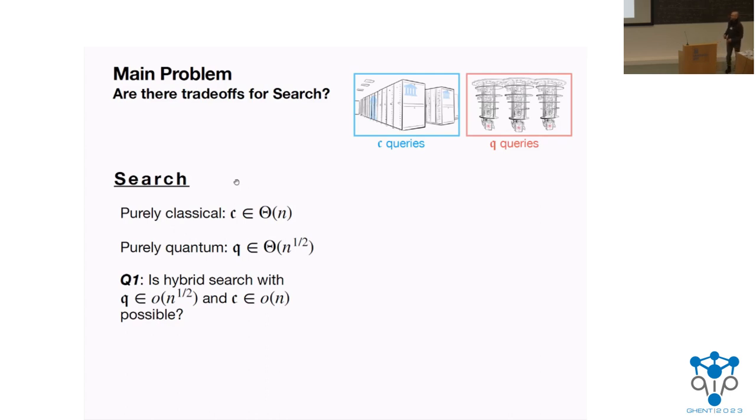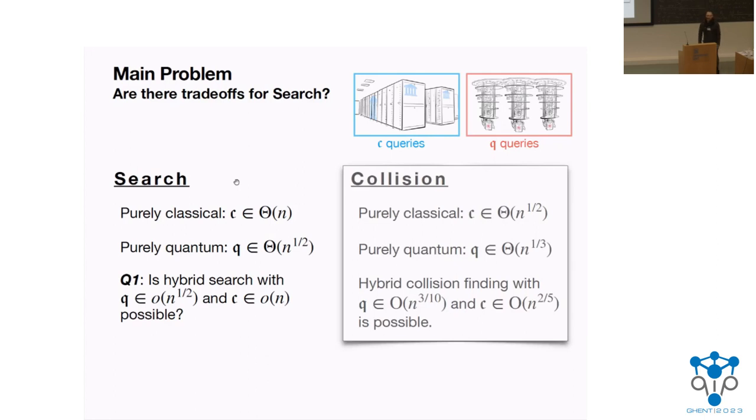Before I pose question 2, which will be a more extreme question, let me mention that for some problems such trade-offs exist. For example, for the collision problem, in which we have a random function from n elements to n elements and the task is to find a collision, the best classical algorithm has complexity square root of n, and the best quantum algorithm has complexity cube root of n.